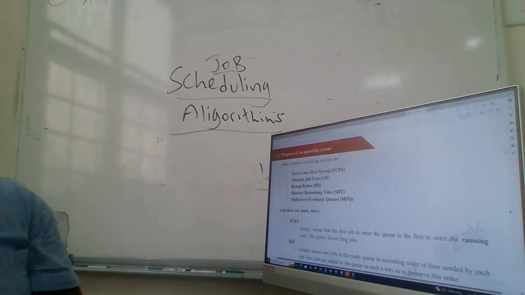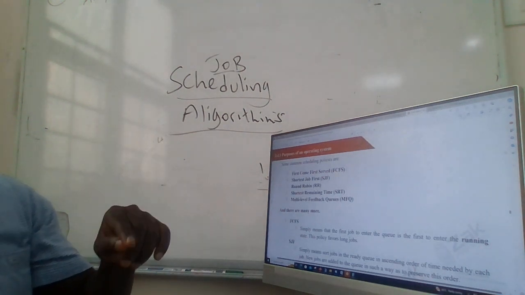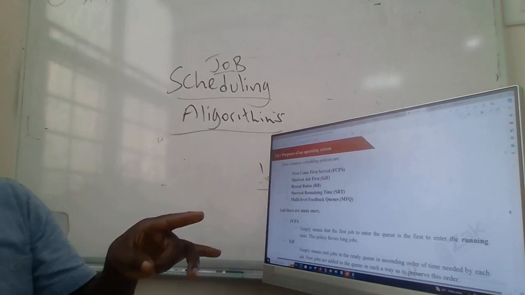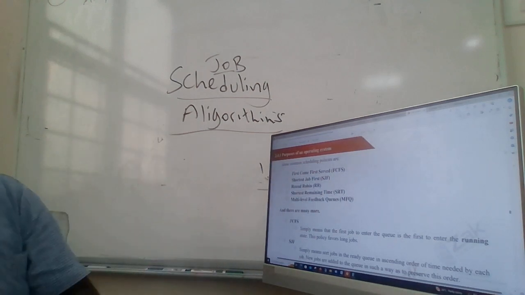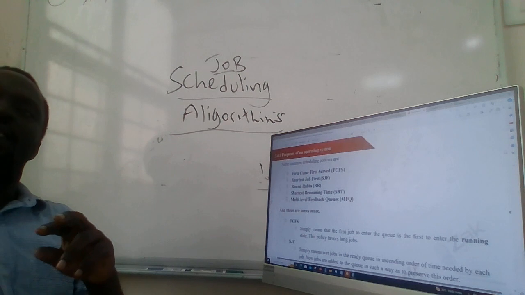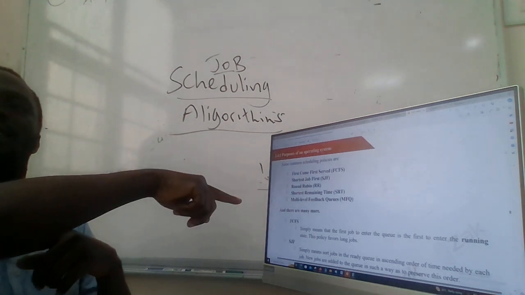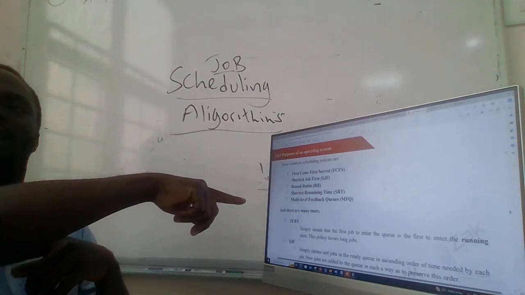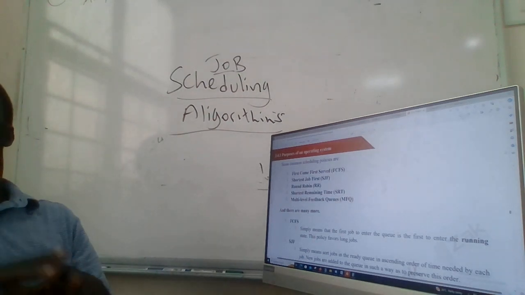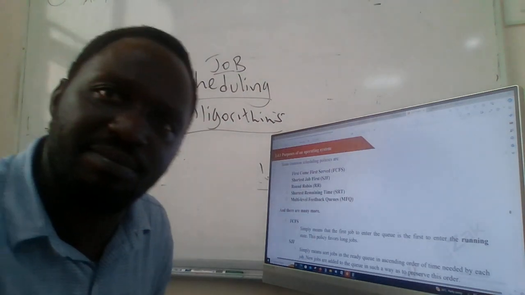The point now is, these algorithms can either be preemptive or non-preemptive. Those are types of scheduling algorithms. So take note, the scheduling algorithms are first come, first served and the others. But the types are preemptive and non-preemptive.